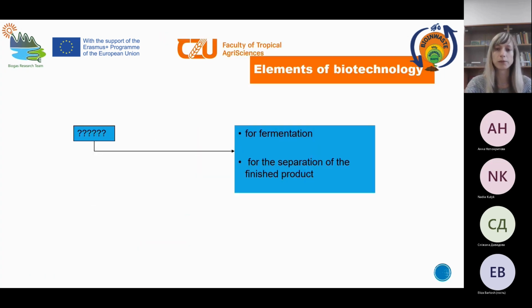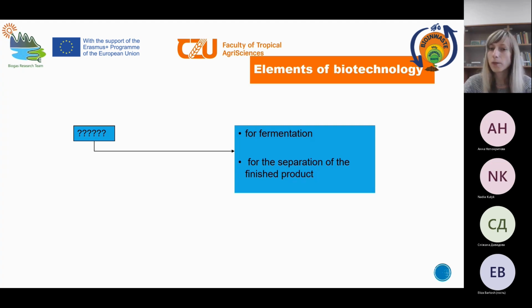So next, the type of elements of biotechnology. For fermentation and for the separation of the finished products, what do we need? You can write this in our chat, for example, elements of biotechnology for fermentation and for separation of finished products.